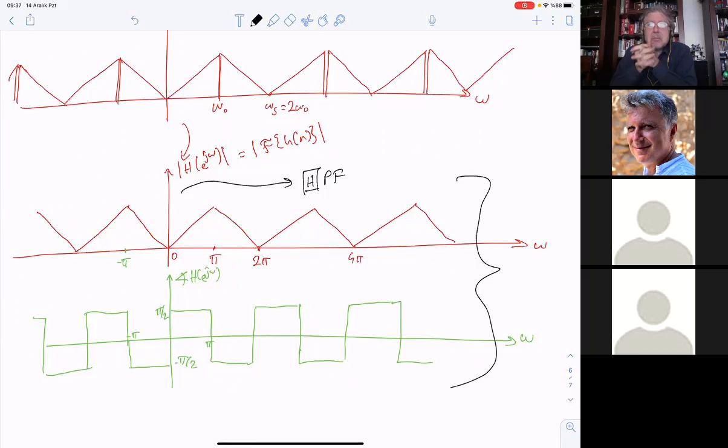Can you find it? I don't know, maybe it just depends on whether you will be able to solve the integral of the inverse Fourier transform, or maybe you can use some properties.